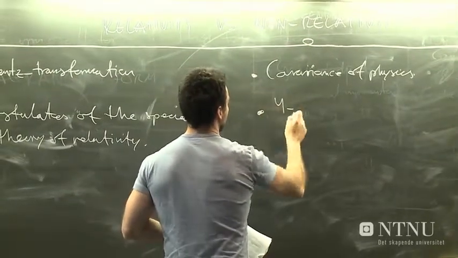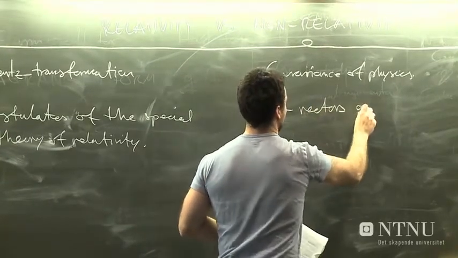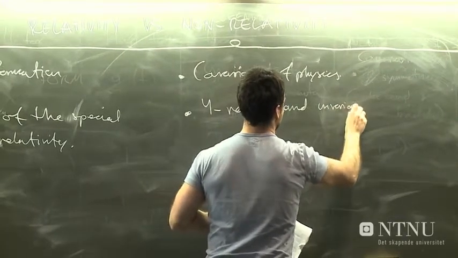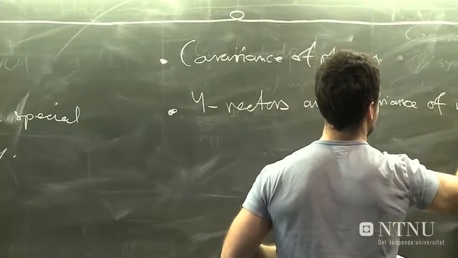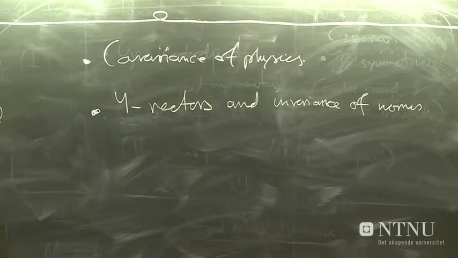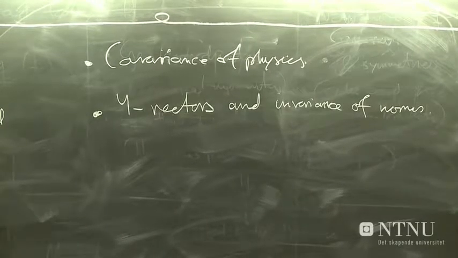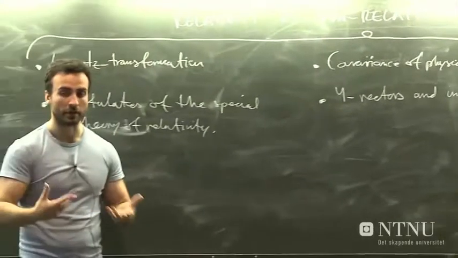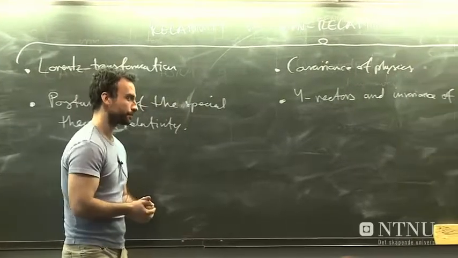And on a more technical note, we introduced these 4-vectors in Minkowski space, where the 3 first coordinates say something about the spatial position of the object, and the 4th coordinate is imaginary time.